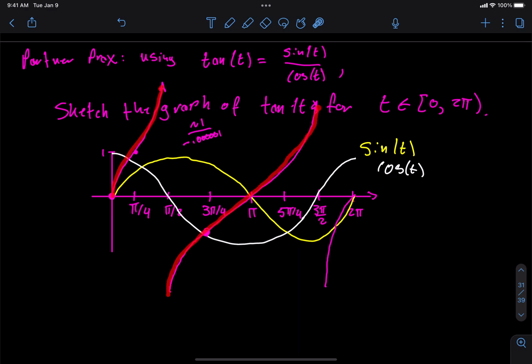So we have vertical asymptotes, right? And how did we figure out the behavior of the function near the asymptote? Well, we check what is the limit as x goes to pi over 2 from the left of tan of x.